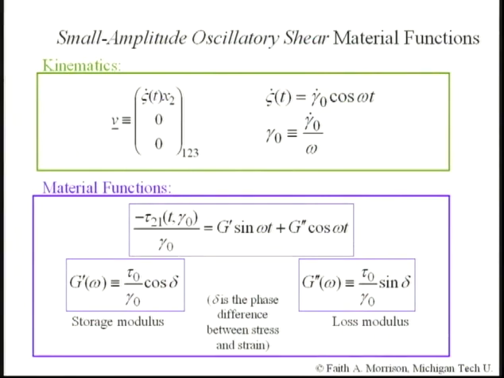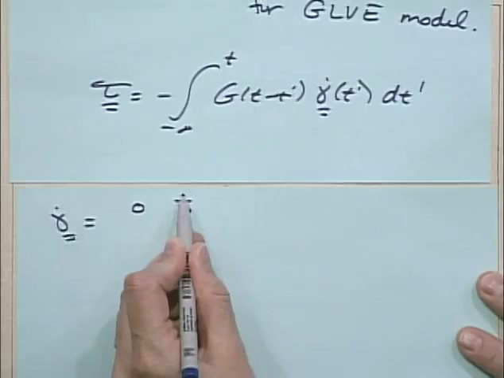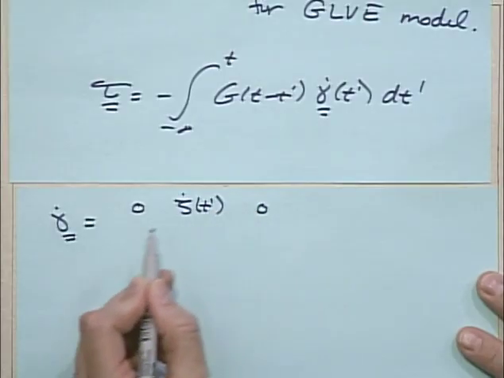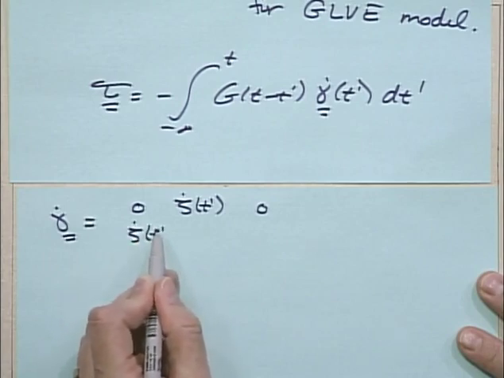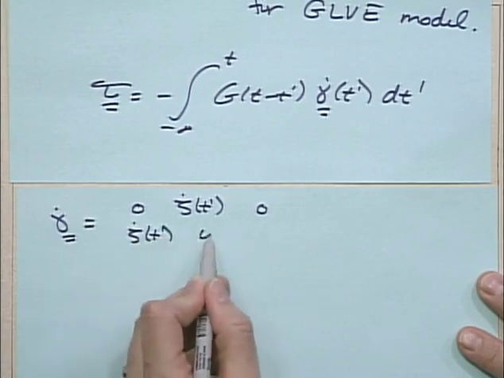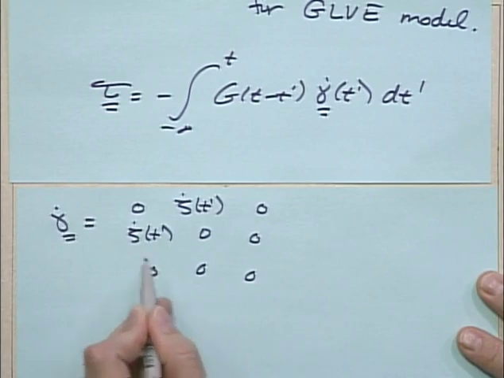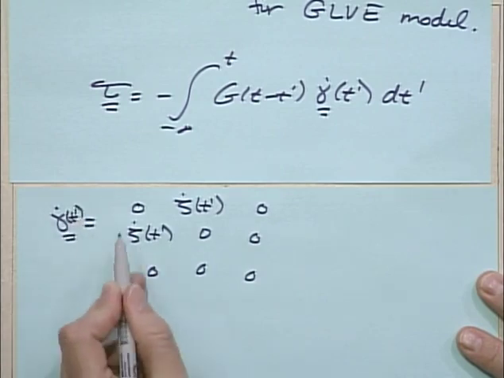So we'll start with gamma dot, del V plus del V transpose, which we've done many times for shear flow. 0, gamma dot, 0, gamma dot, 0. And I'm already writing it in terms of t prime, because that's the one we need.